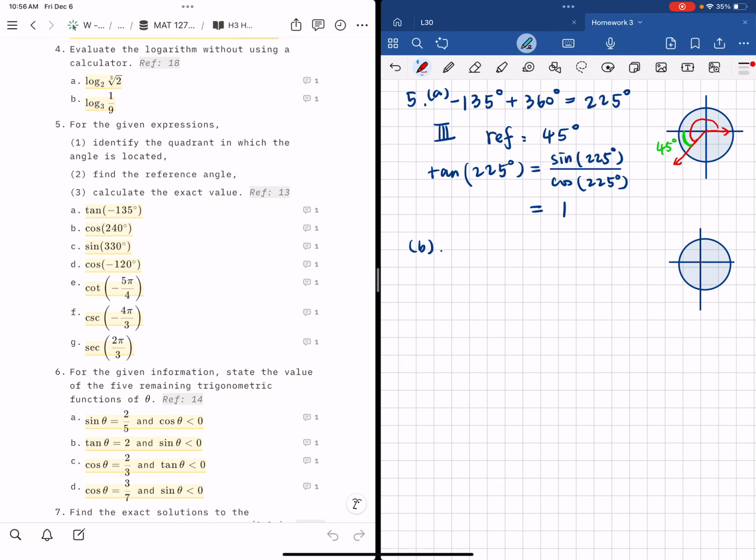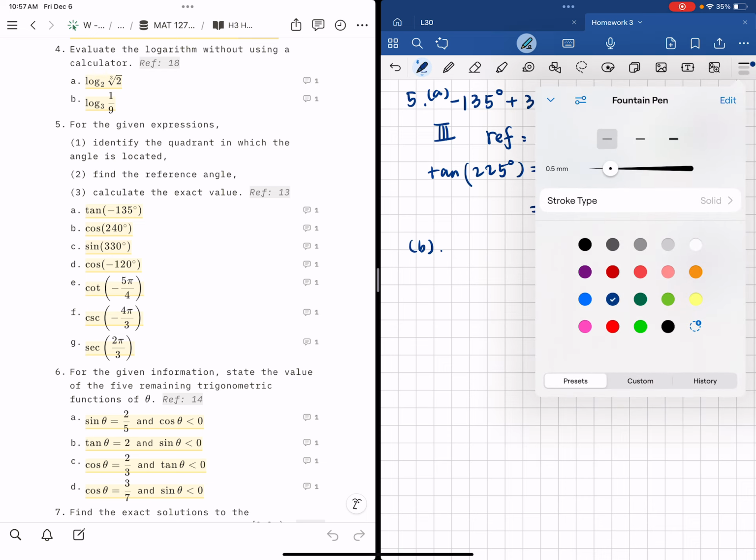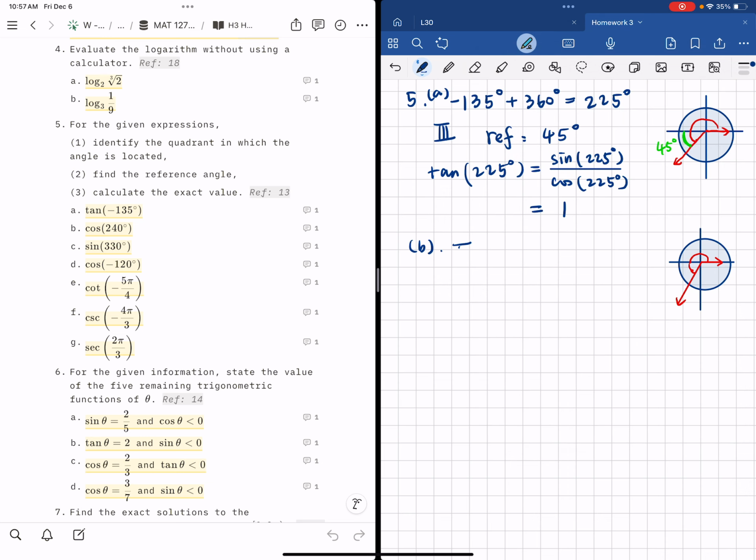So I still start with this initial side, and it's going to be more than 225. So it's approximately right there, and that would be 240 degrees. It's still in the third quadrant. Let's write it out. Third quadrant.